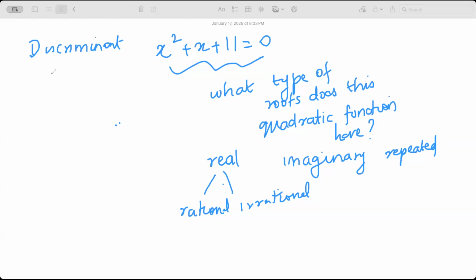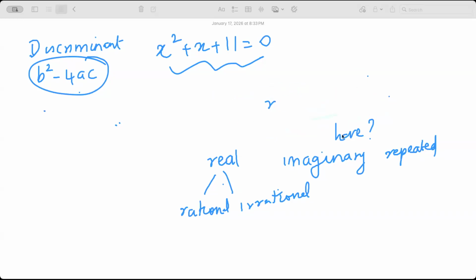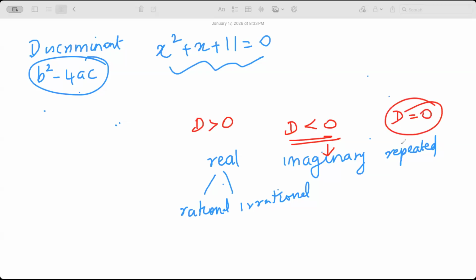B square minus 4ac is the discriminant. If you plug in and calculate this, this is the way you detect the type of roots. If D is less than 0, then the roots are imaginary. D equal to 0 means it has the same double root, like x equal to 5, x equal to 5.